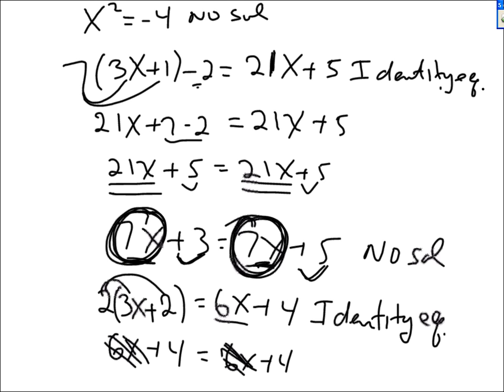Whenever you have one side being the exact same as the other side, it's an identity. If for some reason you don't see that these are exactly the same, then when you take away 6 x's, you should see one number equal that same number.